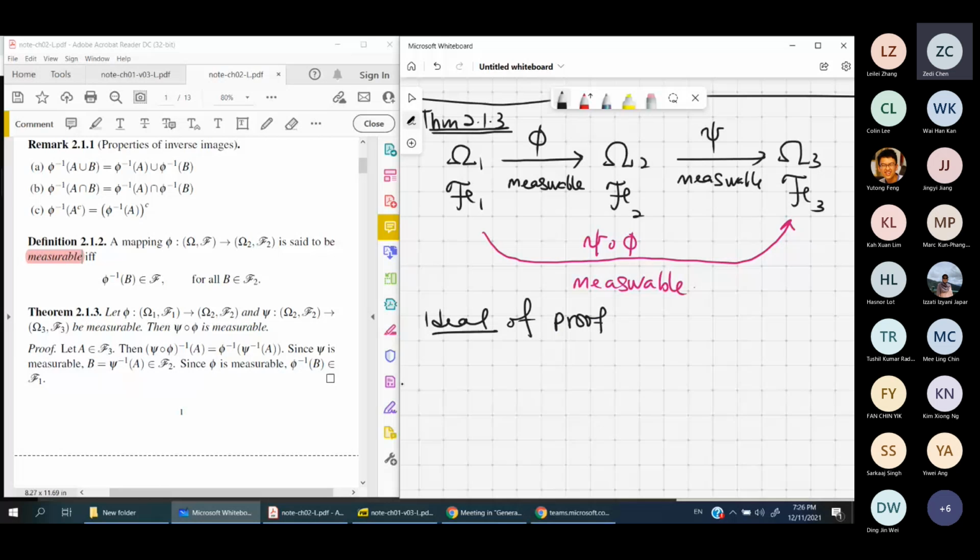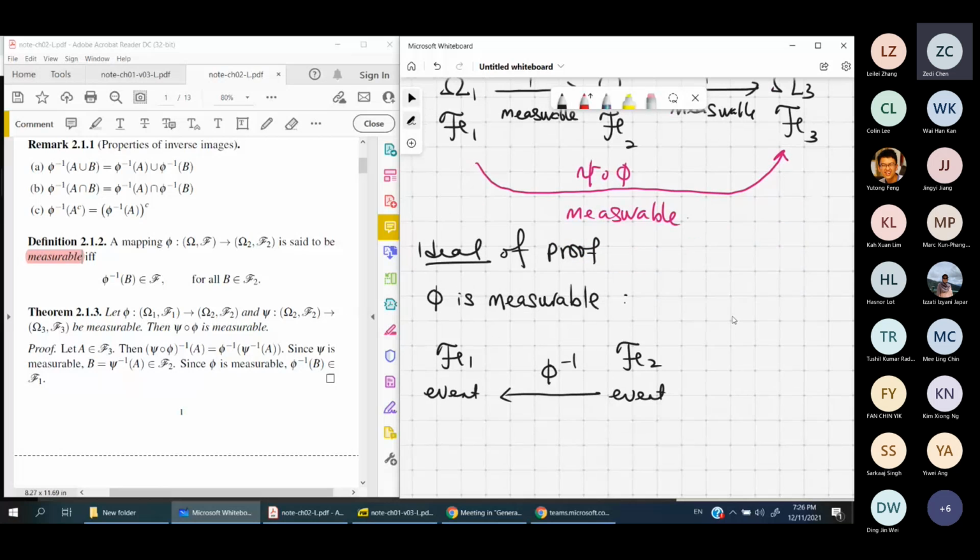So first of all, phi is measurable. What does it mean? It means that for any event in F2, it will pull back to another event in F1. So this is actually the meaning of it, in the hypothesis.